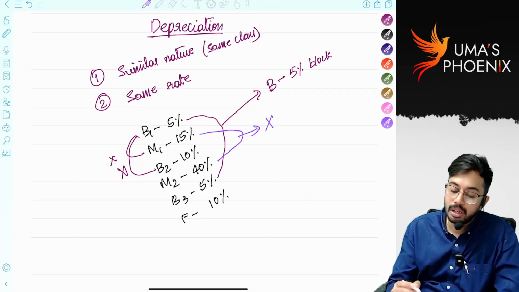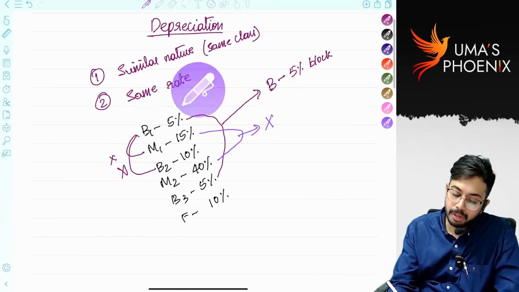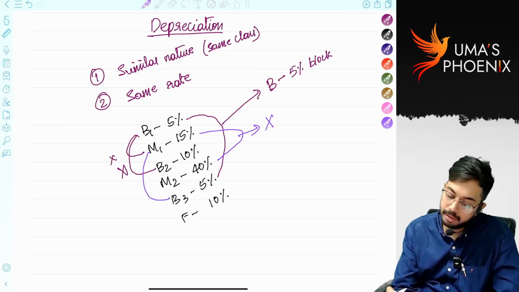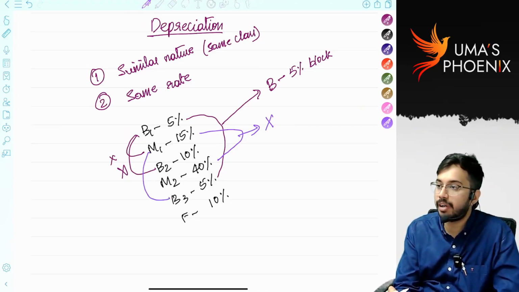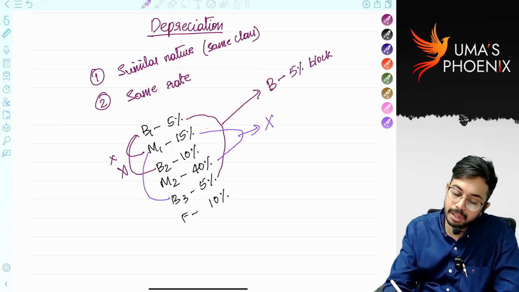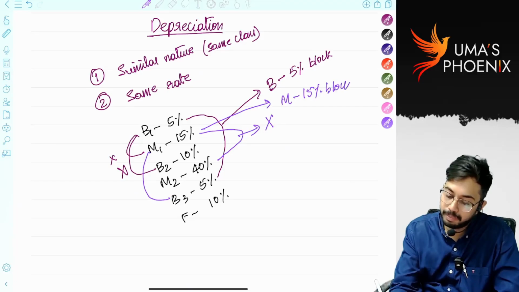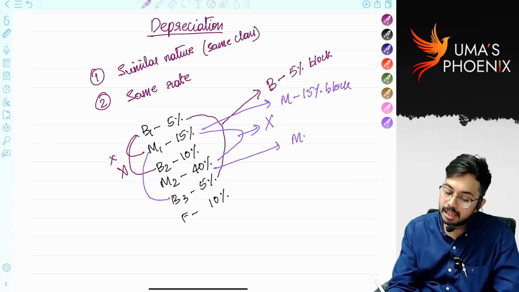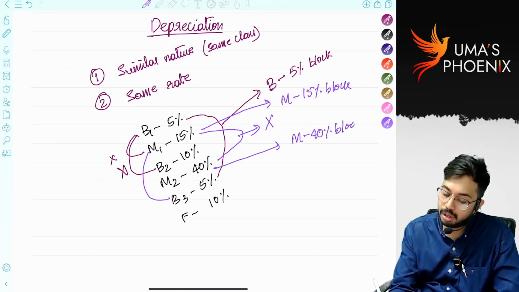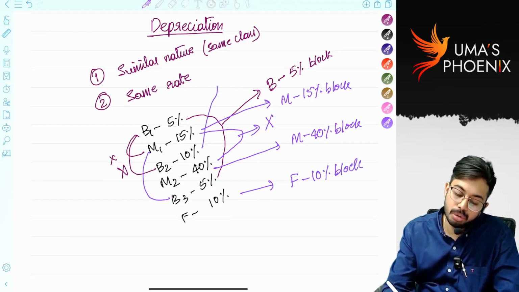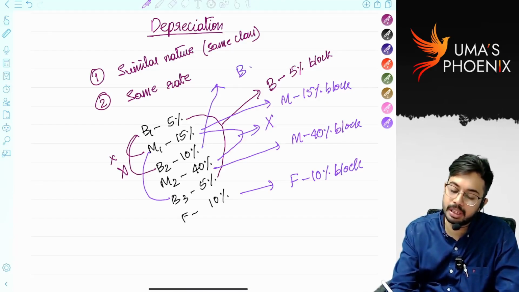So I cannot group them. Can I group machinery and building? No, because machinery is a different class, building is a different class. So machinery 15% will be treated as machinery 15% block. Machinery 2 will be considered as machinery 40% block. Furniture is a separate class, so furniture will be treated as furniture 10% block. Building 2 has a 10% rate of depreciation, so it is classified separately as building 10% block.